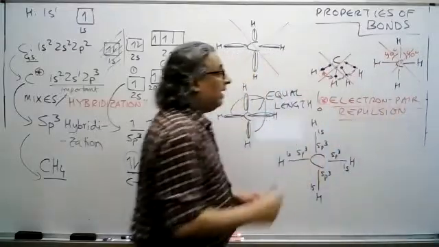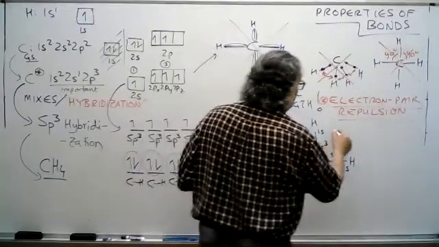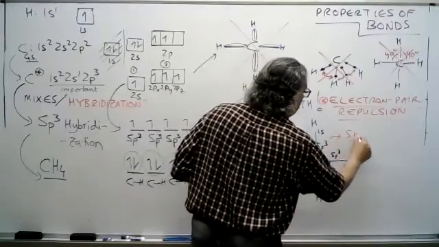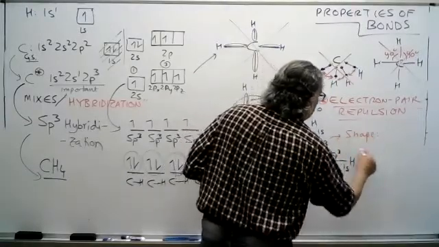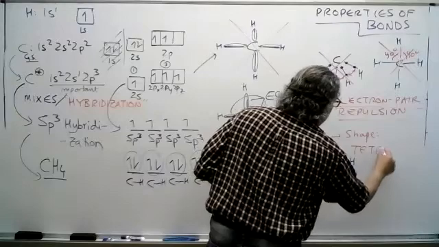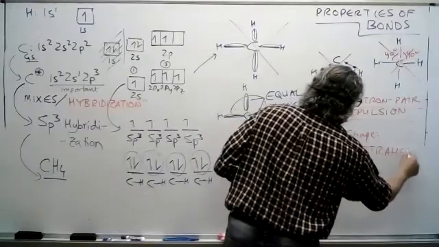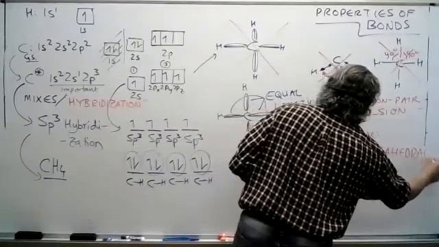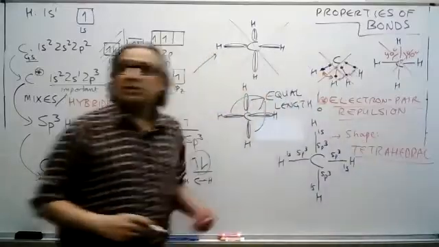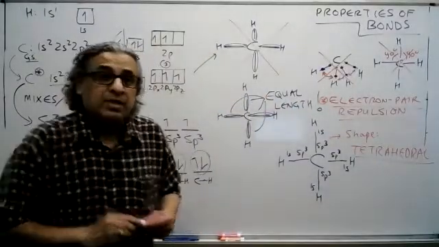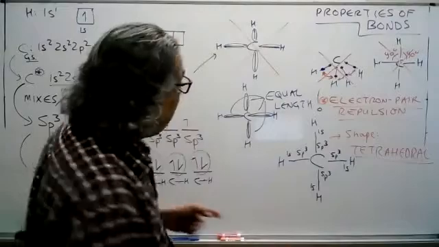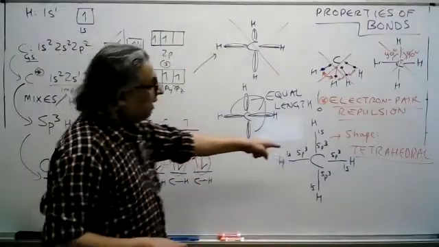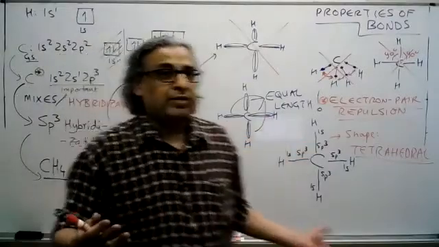That's wrong. It takes up a shape. Its shape is called tetrahedral. That's the shape. I think I'm going to discuss it on Thursday, and you can start Googling what tetrahedral looks like.